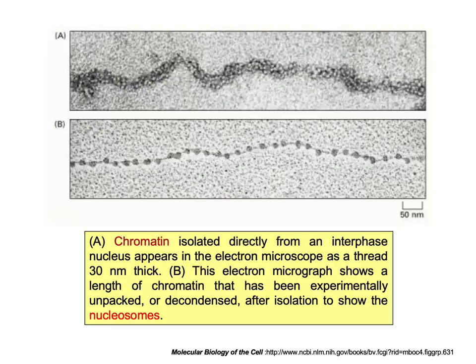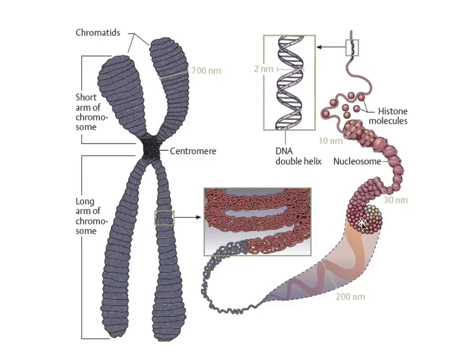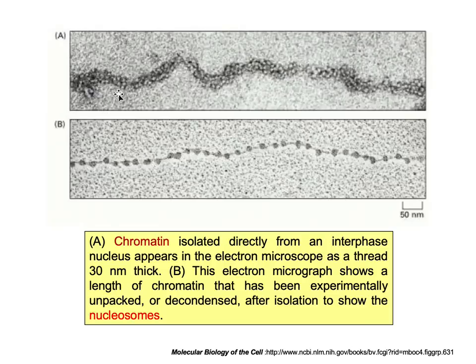This is an electron microscope image that shows on the top, A, the chromatin. The chromatin, as we said, is the collection of all these nucleosomes. Together they're wrapped and organized in such a way that they create this chain of molecules, which we call chromatin. This is how it looks, and it was isolated for experimentation.